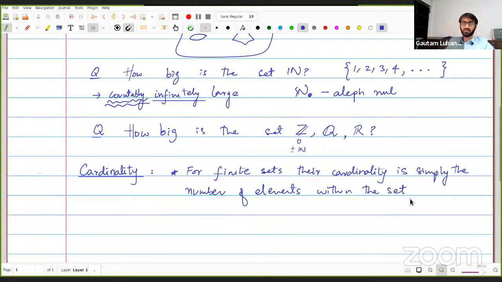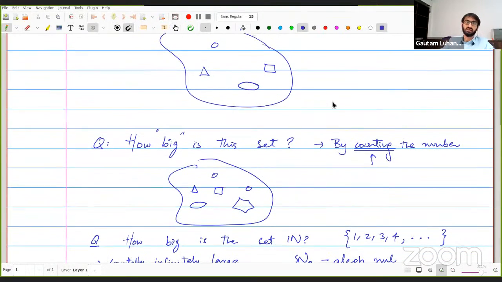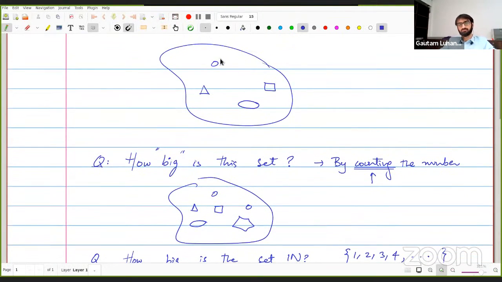That's a very simple idea, and it's what we've been doing for the first two sets that I drew here. You simply count them and say, this is 1, this is 2, this is 3, this is 4. So there's 4 elements in the set, and the cardinality is simply 4. And for this one, again, you say 1, 2, 3, 4, 5, 6. So now there's 6 elements, and the cardinality of this finite set is simply 6.